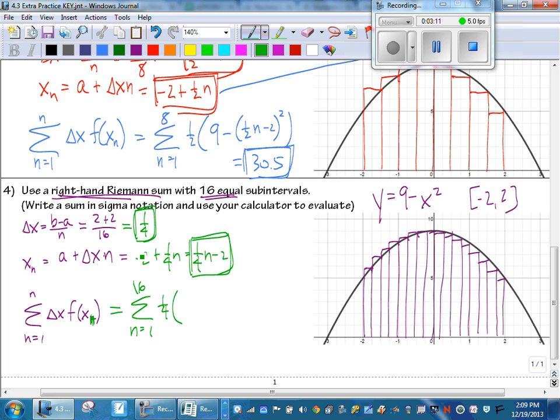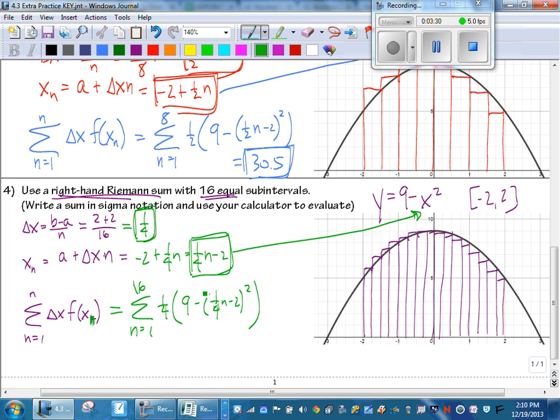We get that by taking x sub n and plugging it into the equation: 9 minus (1/4 n minus 2) squared. This is the height of each rectangle, this is the base of each rectangle. This adds up all of those together.